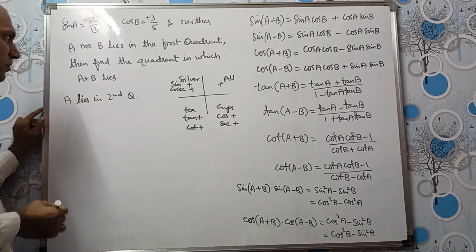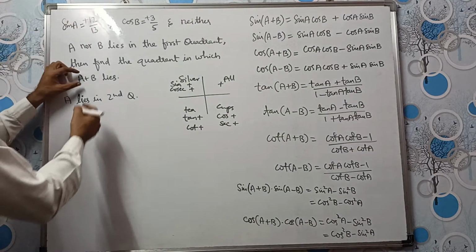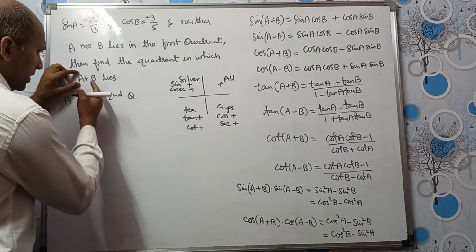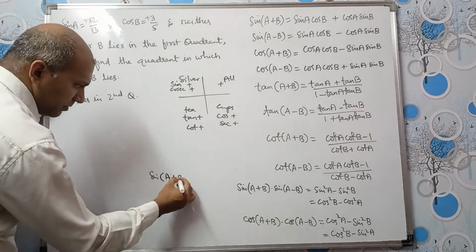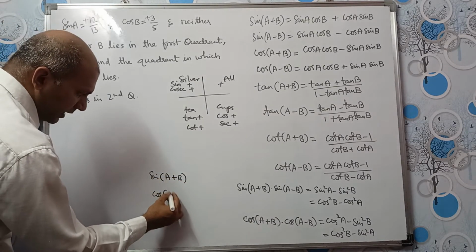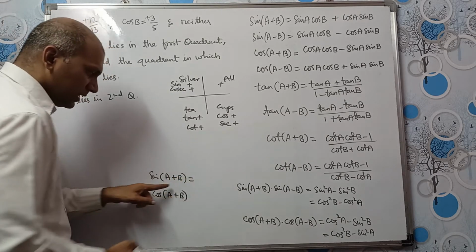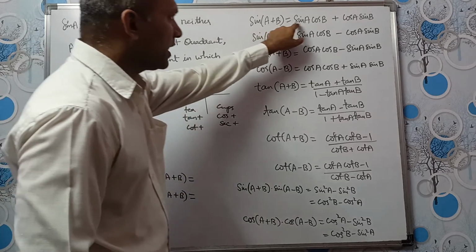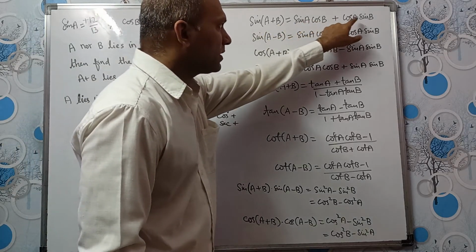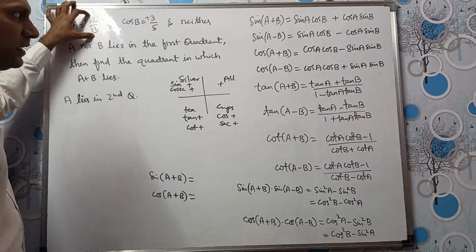Why do we need this information? See, we are finding where A plus B lies. We'll find it using the sin A plus B formula, and we'll find it using the cos A plus B formula. If we expand sin A plus B and cos A plus B, in sin A plus B, it is sin A cos B, cos A sin B. Okay. So sin A is 12 by 13, given.